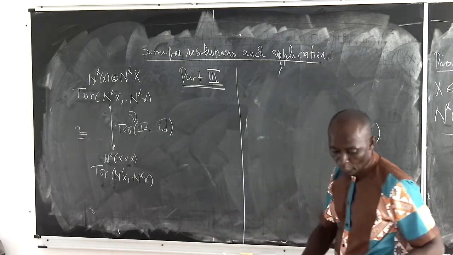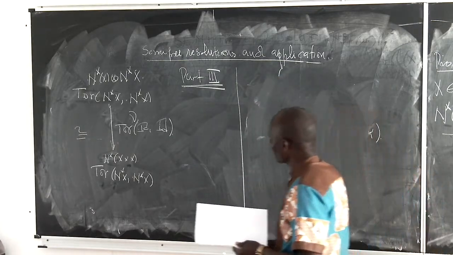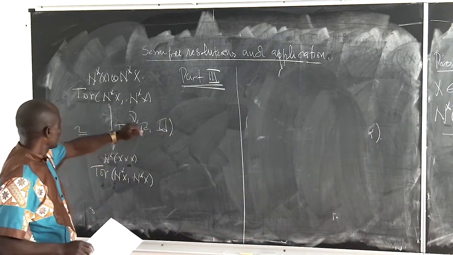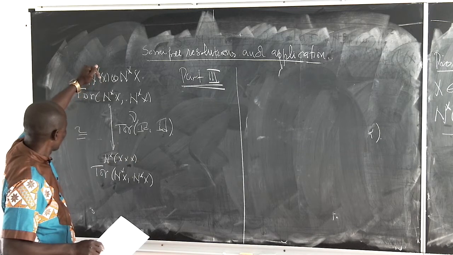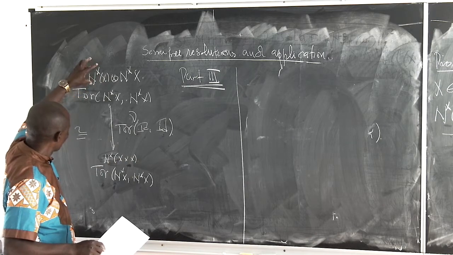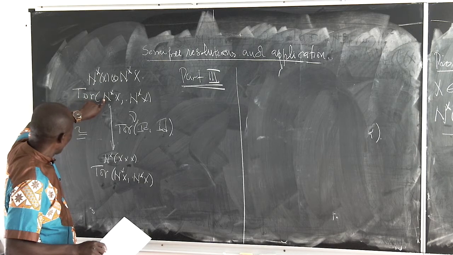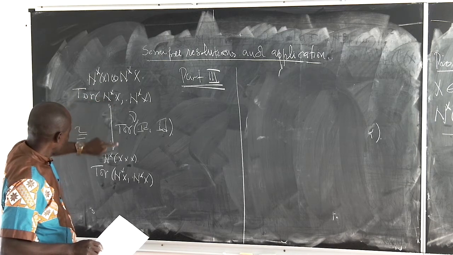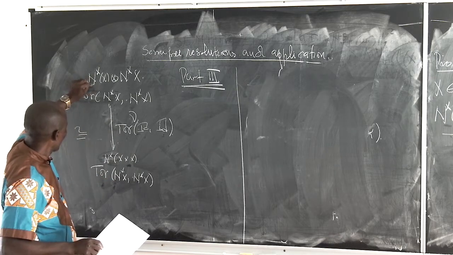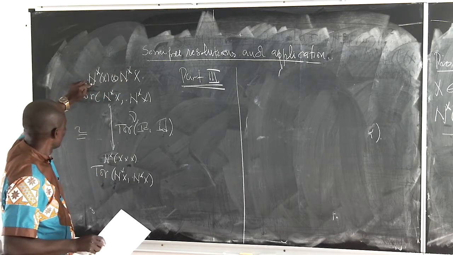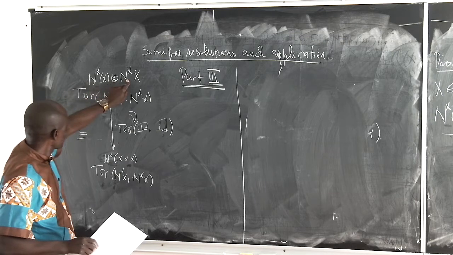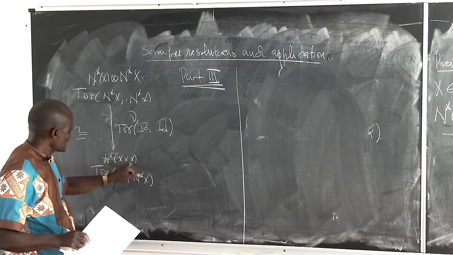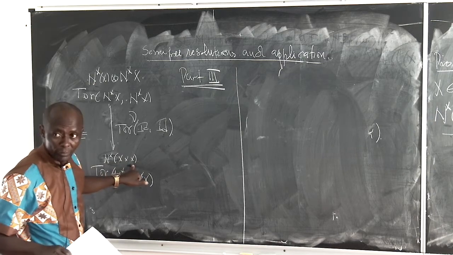So what we are going to prove here is that the identity is a map of NX to NX as NX cross NX modules to N of X cross X. That's what I want to prove.